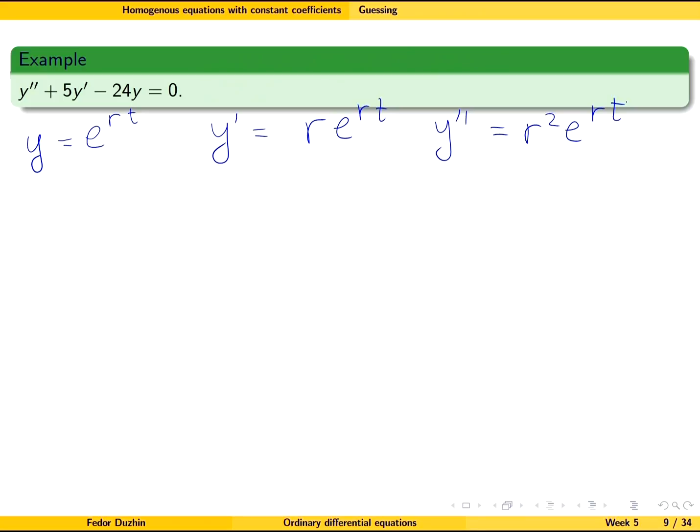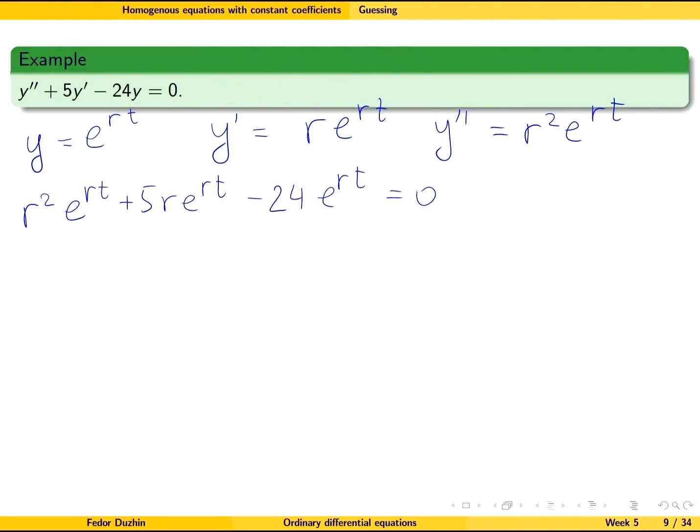And now I'm going to substitute y prime and y double prime into the differential equation. So then I'm going to have r squared e to the rt plus 5r e to the rt minus 24 e to the rt is 0.